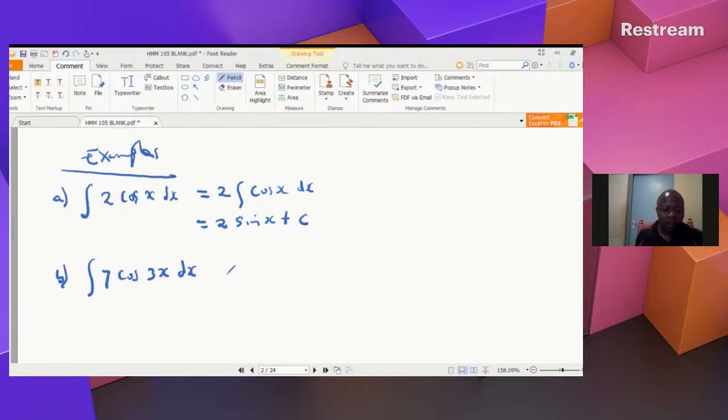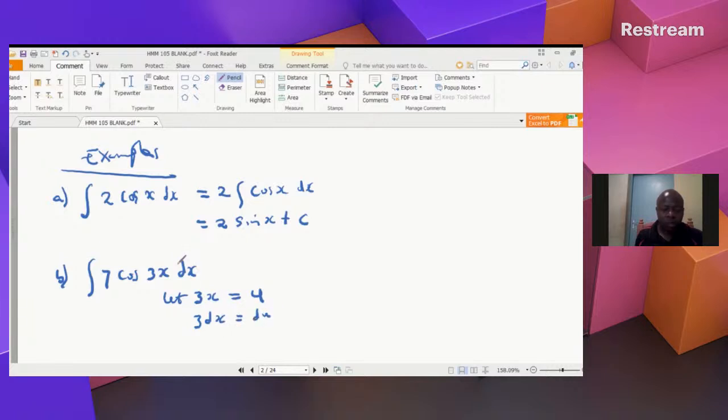So for this one, you can say let 3x be u. Now, you then differentiate both sides to find that 3dx is du.